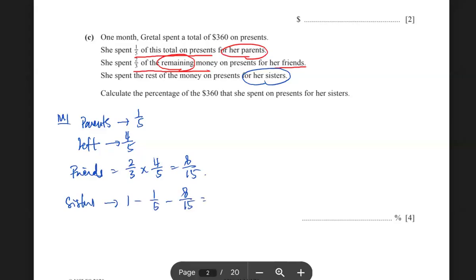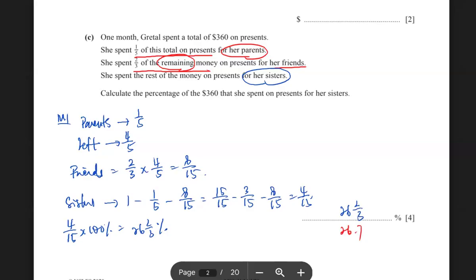This is 15 over 15 minus 3 over 15 minus 8 over 15. This is 4 over 15. And then we just convert this into percentage. It's 26 and 2/3%. You can round it to decimal place as well, so 26.7, 3SF, it's fine. Realize that this method doesn't require us to use the $360.